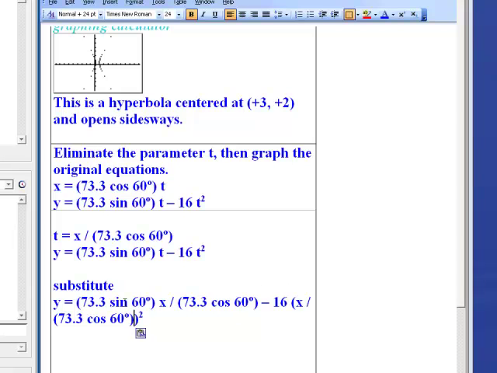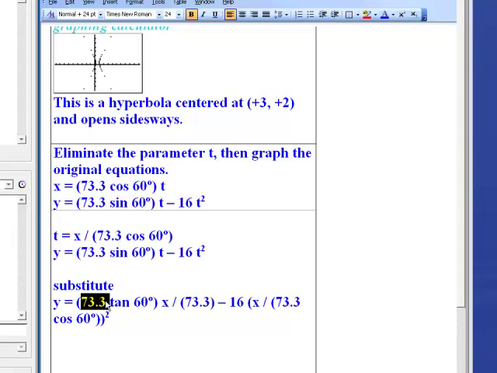This one here, I can abbreviate because sine over cosine is tangent, and so this one is gone. It's a little shorter. And then 73.3 divided by 73.3 is 1, so this one here is gone as well. And then this one here stays the same. I guess I could write this as a secant squared, but that really doesn't matter a whole lot.